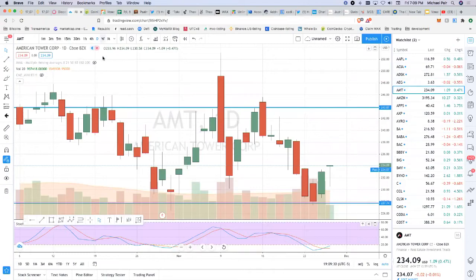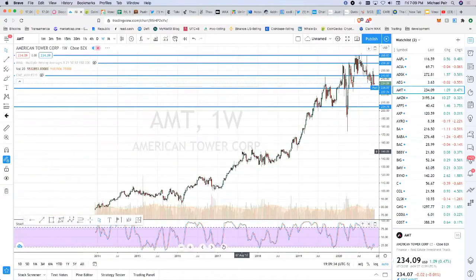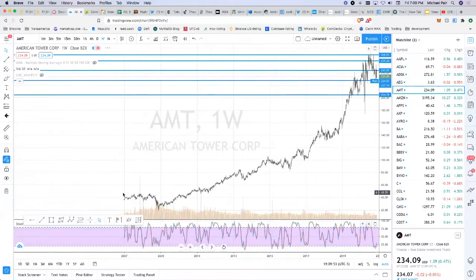Switch to a weekly chart. Just go through, so you'll kind of get a sense of where these stock prices come from. So here, this is American Tower. This is a cell phone company tower. So your cell phones probably use this company or one of the others, maybe like 3 of them. But this is one of them. And you can see here, I've been following this for a long time, and it goes back to 2009.